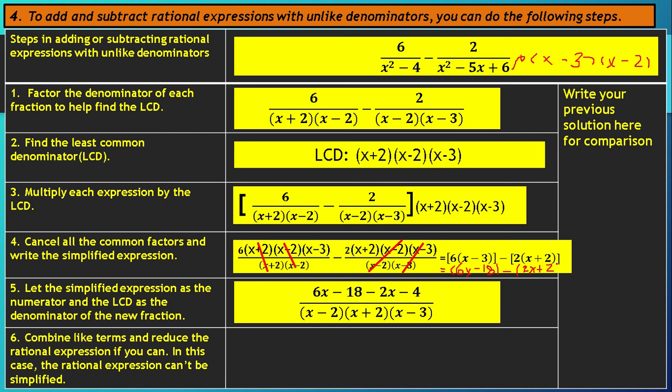Okay? O ngayon, so this is quantity 6x minus 18 minus quantity 2x plus 2. So itong 6x minus 18, ito na po siya, 6x minus 18.